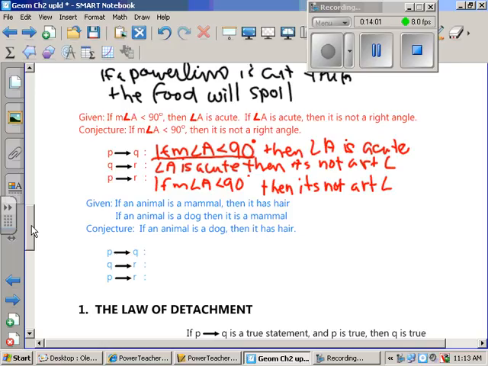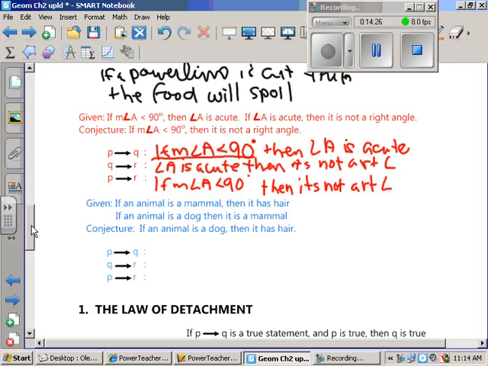Why not? How can you tell? Vicky, how can you tell? If it were in the right order, what would have to be here? It says this is if P then Q, right?